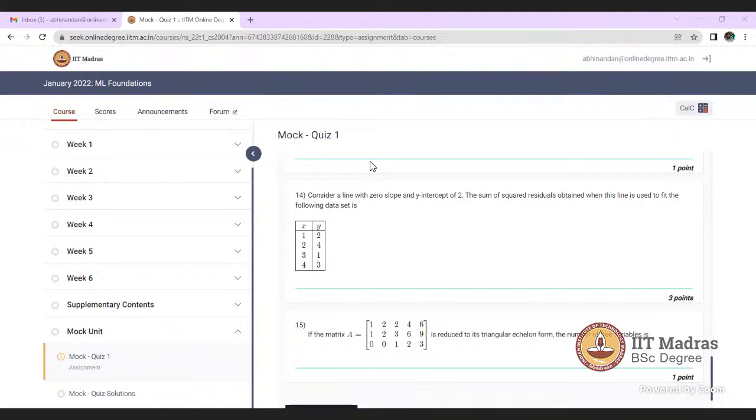Here m is equal to 0, that is slope 0, and your y-intercept is 2. So your new line will be y hat equal to simply 2. You are asked to find the sum of squared residuals. What is the residual? The residual is the error between y hat and y, that is y hat minus y. So you add one more column here, which is y hat.